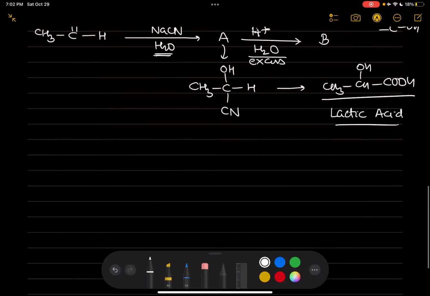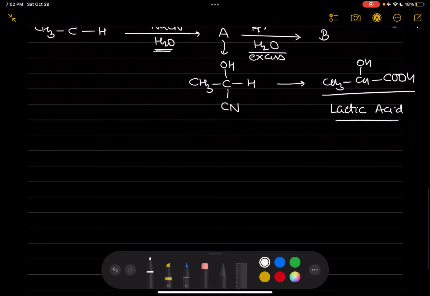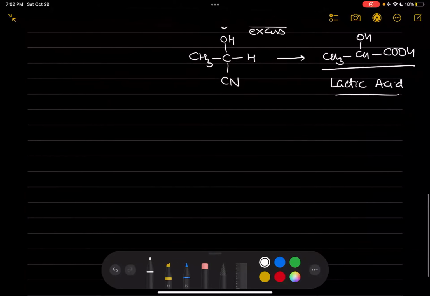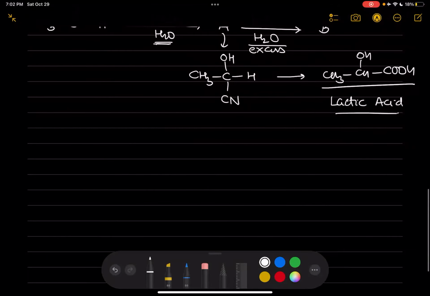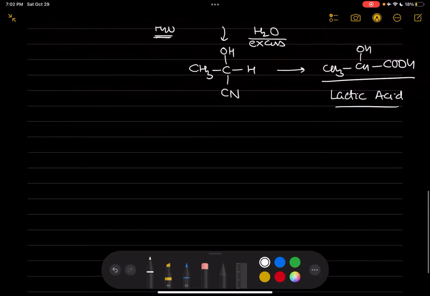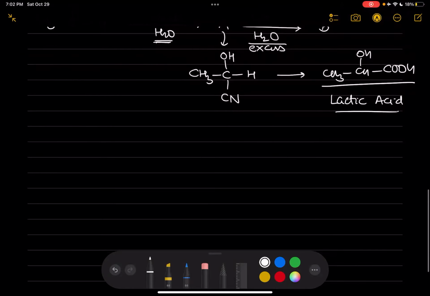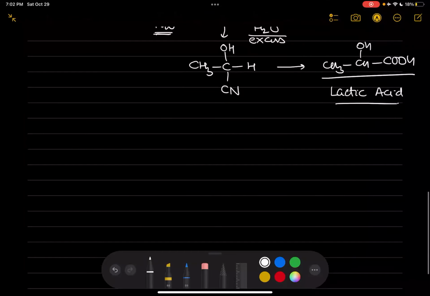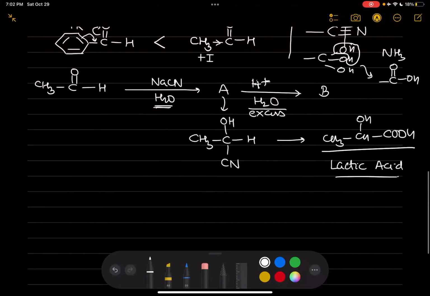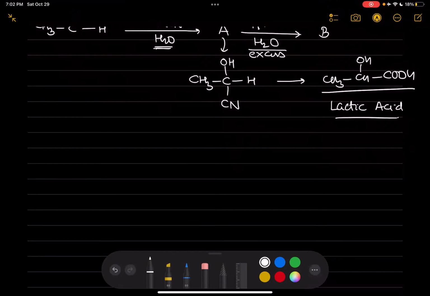Now the next thing: how many stereoisomers will be there for lactic acid? That's a different question. So the IUPAC name is 2-hydroxypropanoic acid, correct. So how many stereoisomers are there for lactic acid?